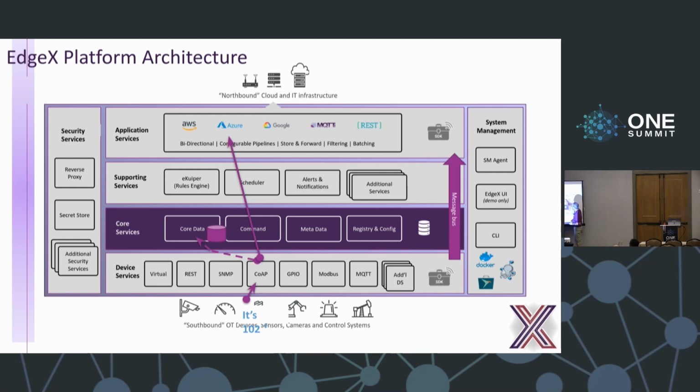Right? Once the data is in and up to that application services area, as I mentioned, that set of services is all about getting data to your cloud or your enterprise. We built this on the premise of what is known as enterprise application integration, or EAI technology. For those of you who come from the enterprise, probably sounds familiar. It's pretty standard stuff.